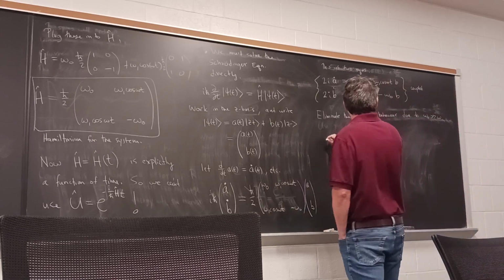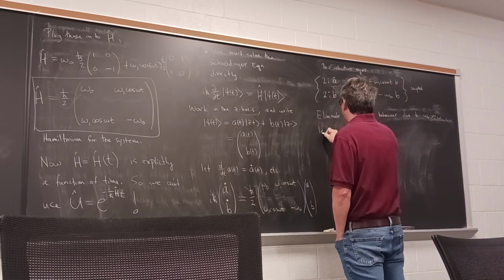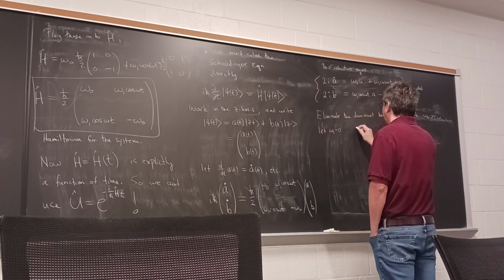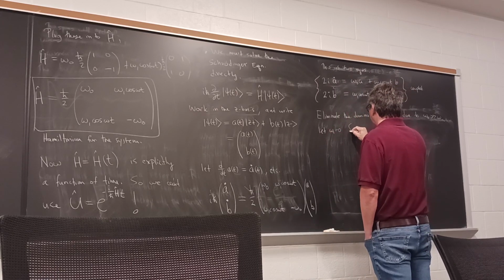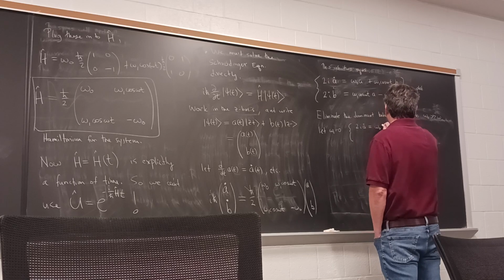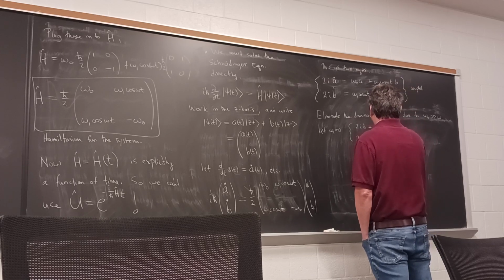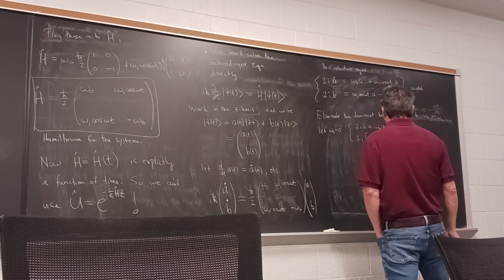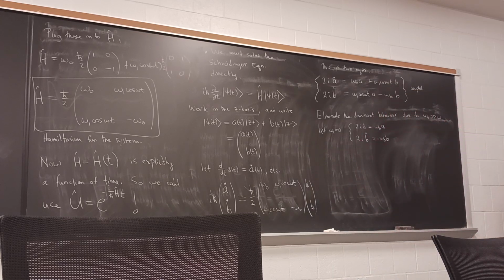So let omega 1 equal 0, and then we'll have the following equations. We'll have 2i a dot is equal to omega 0 a, and then we'll have 2i b dot is minus omega 0 b. Okay, now these are simple equations.